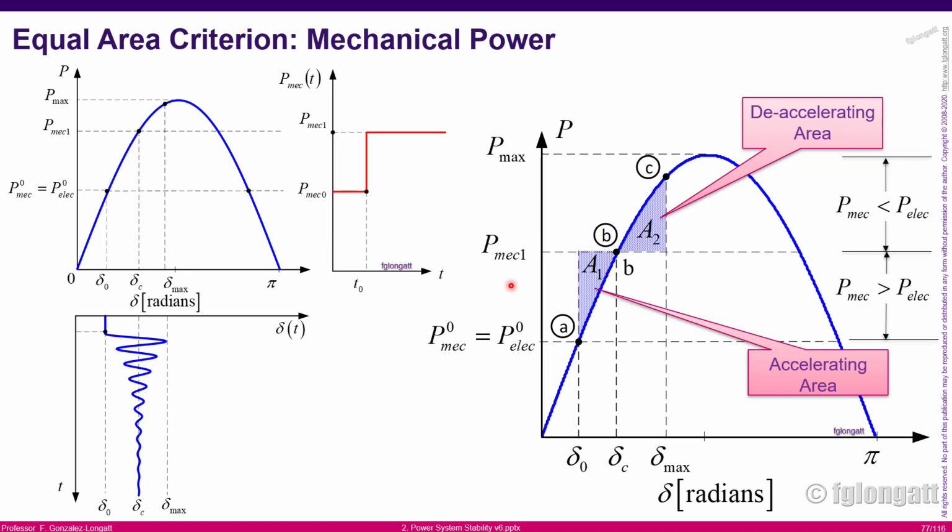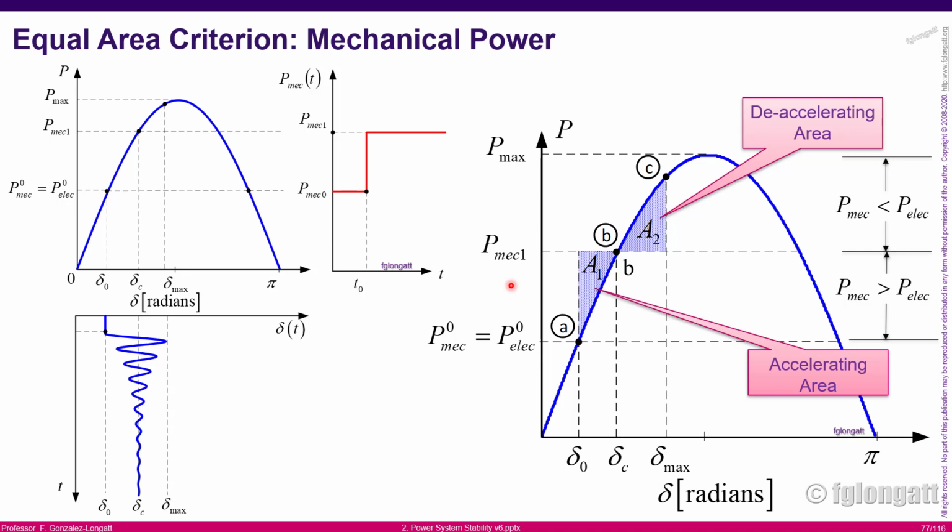Between A and B, the machine is accelerating because the mechanical power is larger than the electrical power. But then between B and C, that is the area A2, the mechanical power is lower than the electrical power, and in that case the acceleration is negative. The machine tries to decrease the rotational speed.